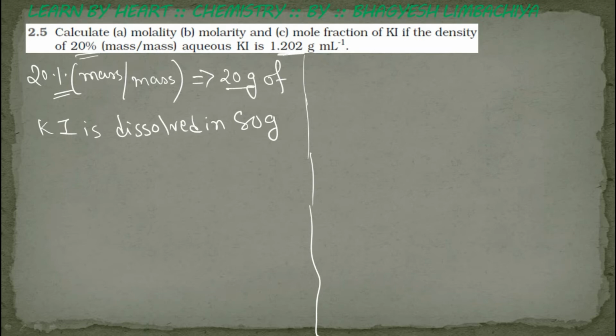That means if 20 gram solute and 80 gram of water, then the total sum will be 100. That is the mass of solution. So here we have written directly. And the molar mass of KI is 166: potassium 39 and iodine 127. Total sum is 166.